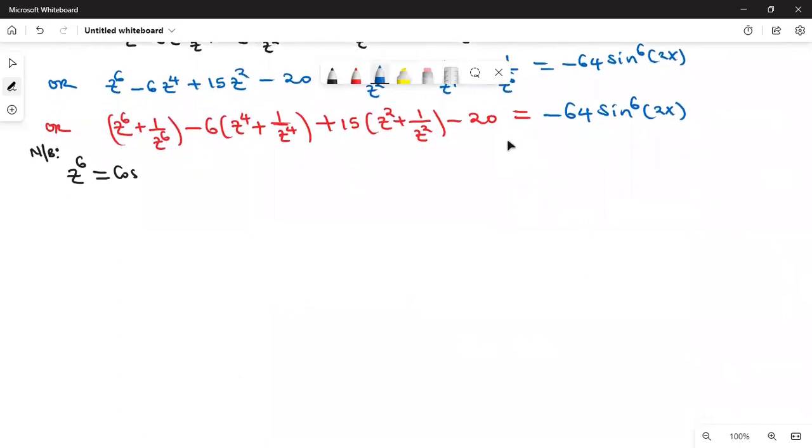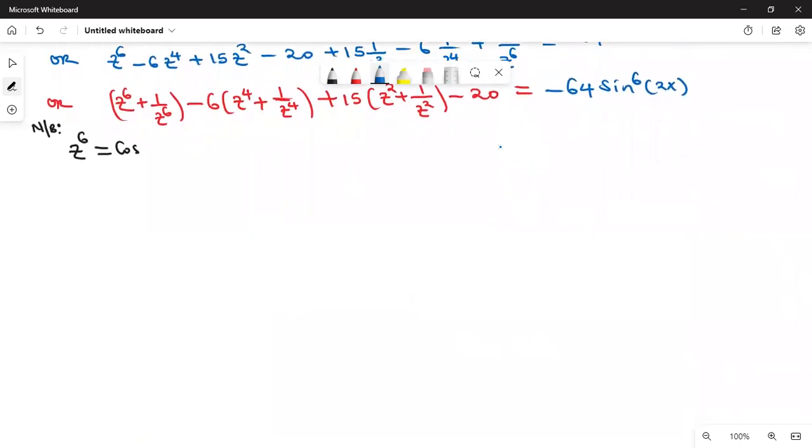Our modulus is 1, so 1 raised to anything is just 1. So this will give us cosine of 12x plus i sine of 12x. Now, what about 1 over z raised to 6? It is the same as z raised to negative 6, which will give you cosine of 12x minus i sine 12x.